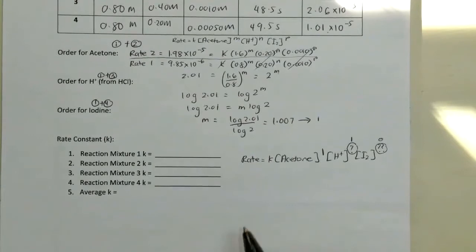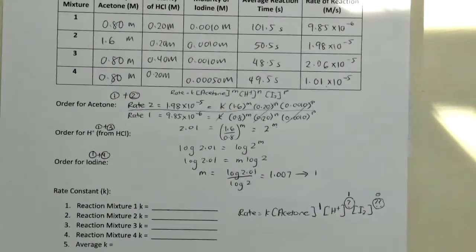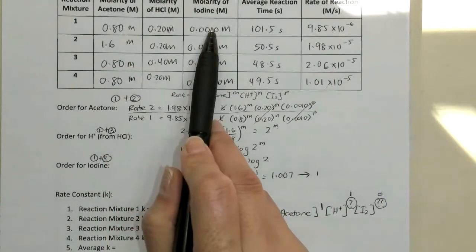Should be similar, okay? So to get the K for the reaction mixture, all you do is literally write down the rate from here and then plug in the orders and the molarities.